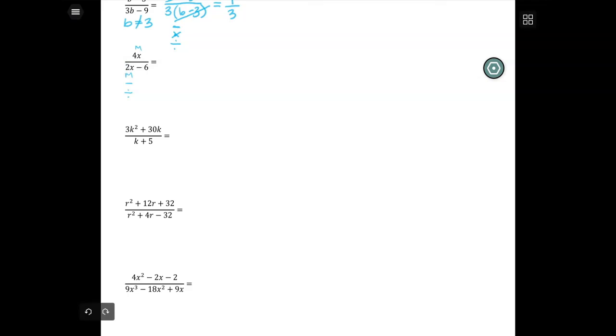This is a quotient. So we don't have multiplication, division back to back. We need to change that. We would change it by factoring. Since the top is already a product, we're in great shape there, but on the bottom, we could factor out a 2. And that's really about as good as we can do.